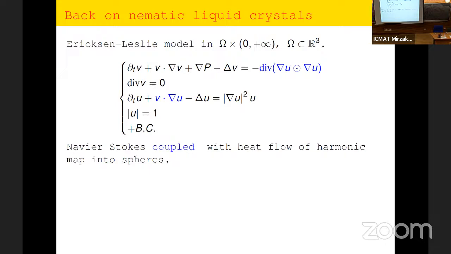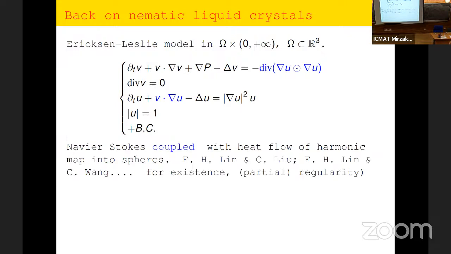So this is a quite complex problem, and indeed the results are very difficult. And just to recall that the basic results, existence and partial regularity, are due to Fanghua Lin, Chun Liu, and Fanghua Lin and Changyou Wang. And of course, also on this equation, there are plenty of results.